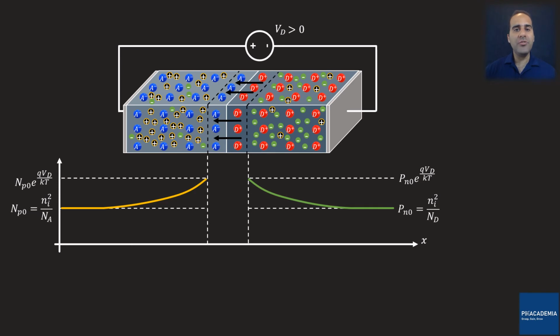Now, a question that I can ask is, what can I do to promote the recombination process and therefore produce more light? Is there any way I can increase the area in which the recombination takes place so the diode can produce more light? The answer to this question is yes.